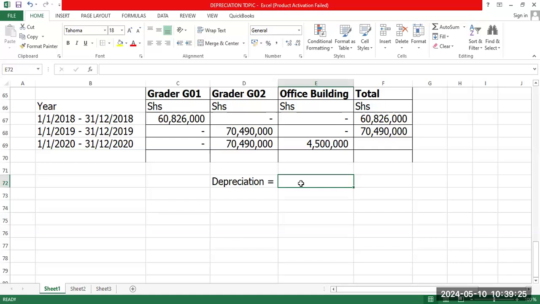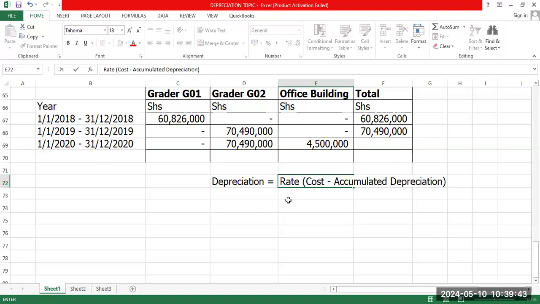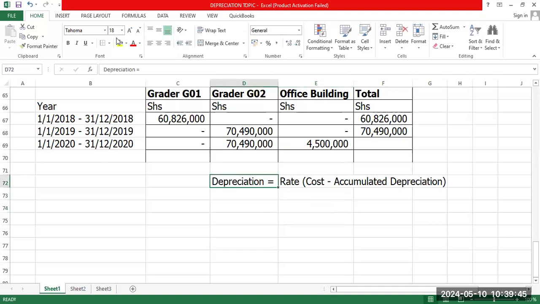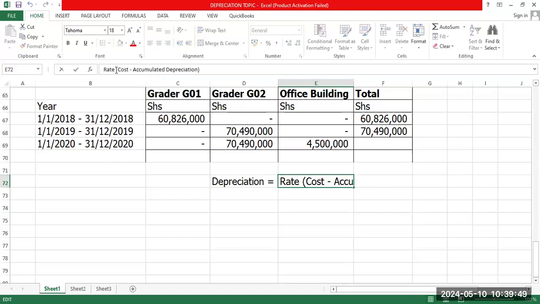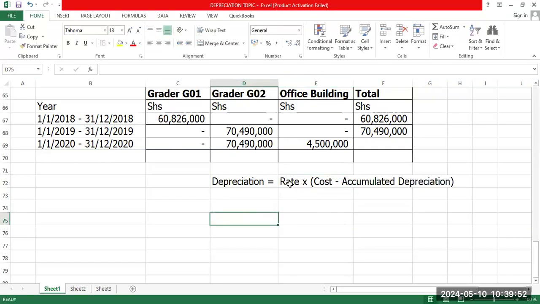Let me first record the formula. So this is the formula when you're using the reducing balance method. You get the depreciation rate times open bracket cost minus accumulated depreciation.